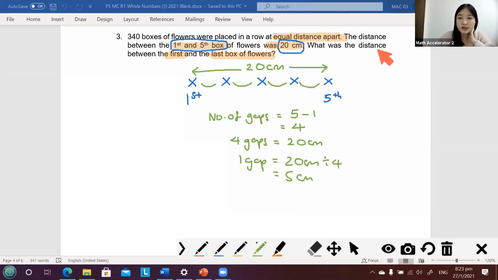They want the distance between the first and the last box of flowers. You have a total of 340 boxes. So first of all, how many gaps do you have if you have 340 boxes?